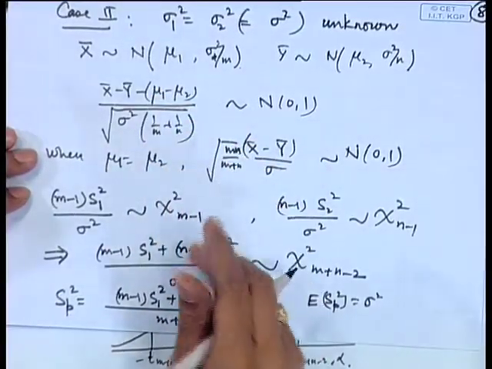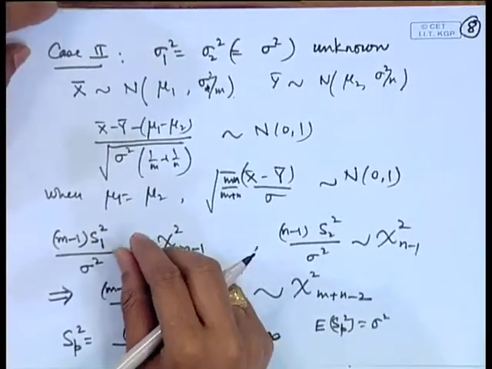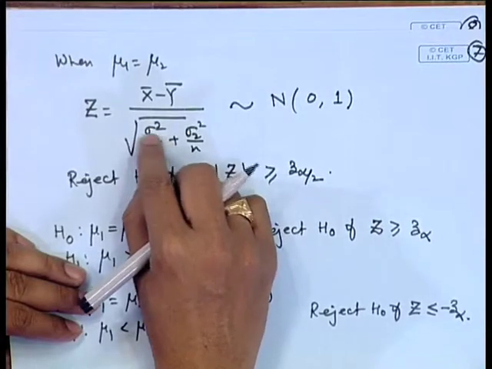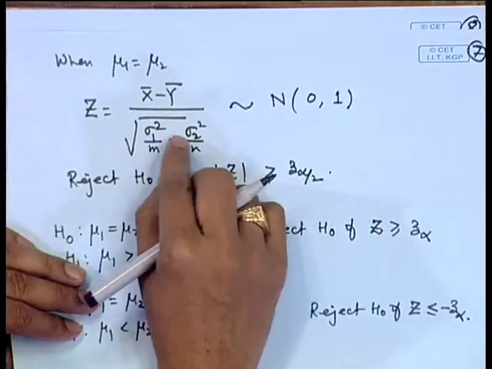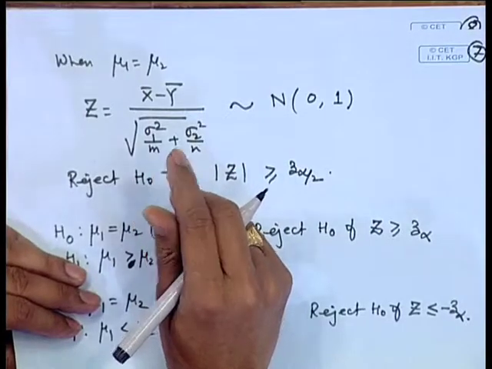Naturally, if we consider this ratio, the terms will not cancel out. In this case, it is prudent to replace sigma 1 square and sigma 2 square by their unbiased estimators, and see whether we can do something about the distribution of that. It is observed that it has an approximate t distribution. So, in that case, we use the following procedure.